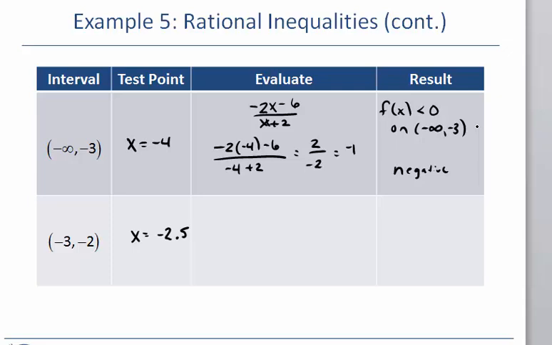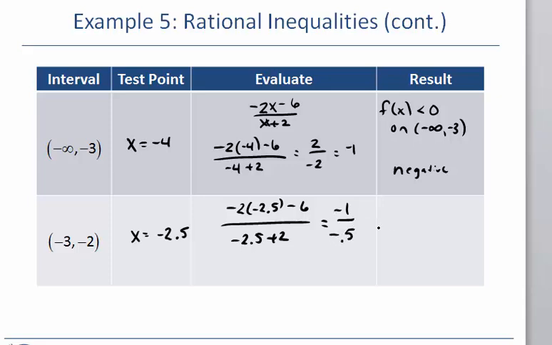Okay, now we're going to plug in the negative 2.5. So we'll do that the same way. We're going to plug in negative 2.5 for the x's. All right, so that is going to give me a negative 1 on the top and a negative 0.5 on the bottom.